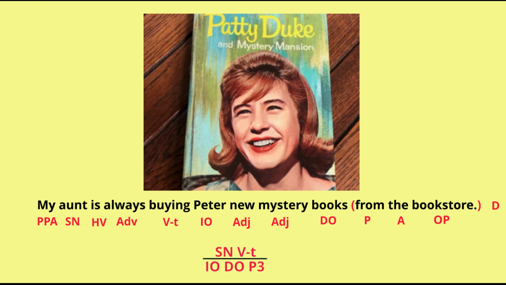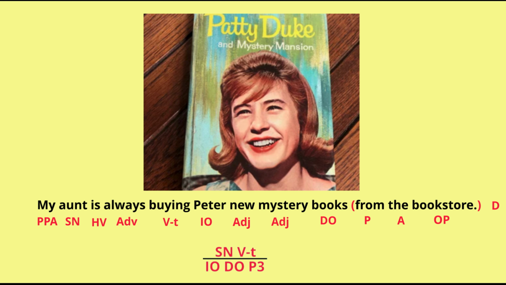To find the indirect object, we need to ask to whom or for whom the action was done. So, aunt is always buying books for whom? Peter. So, Peter is the indirect object.